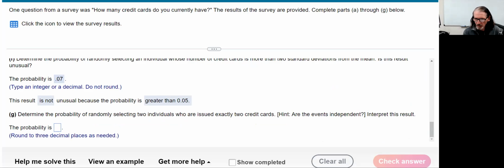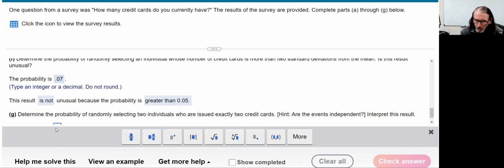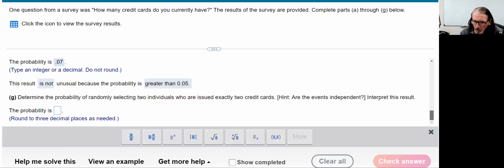The probability of A and B, because of the randomness, should be pointing towards, yes, these are independent events, that how many cards one has does not affect how many cards the other person has, and vice versa. So I should just be able to square 0.31, and I'm getting 0.0961. They want that rounded to 3 places.